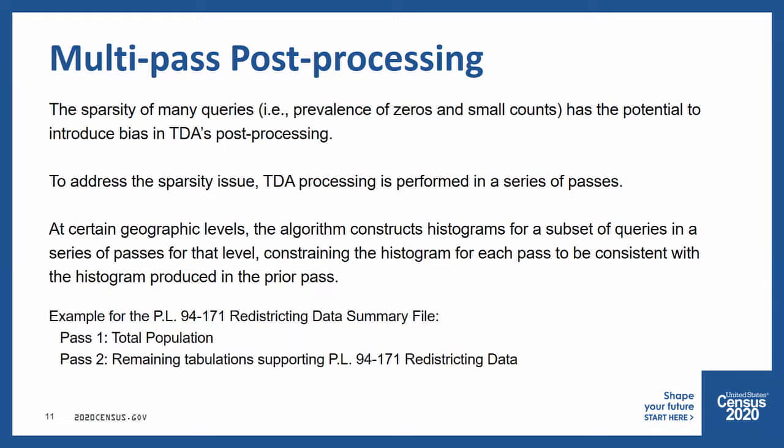For example, in the redistricting data file, we did this for some geographic levels in 2 passes, where we post-processed for total population counts first, and then post-processed for the remaining tabulations, including in the redistricting file, so that everything in pass 2 was constrained to the population counts for each geography that was determined in pass 1.